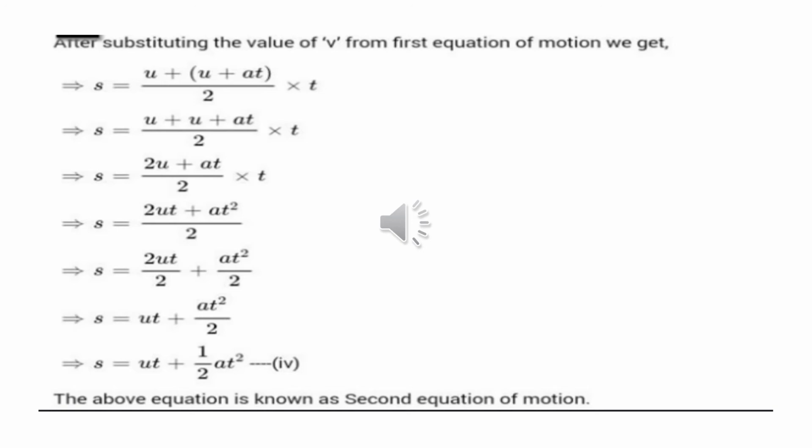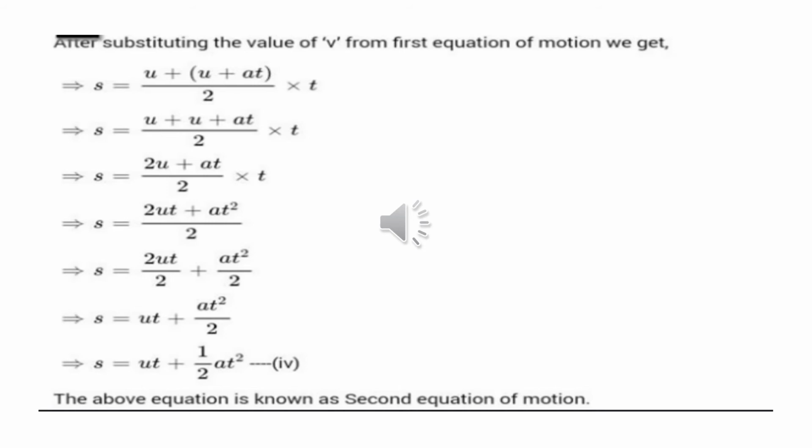As we open the bracket, we get s is equal to 2u plus at upon 2 multiplied by t, so we get s is equal to 2ut plus at square upon 2. Now if we write them down separately, that is 2ut upon 2 plus at square upon 2.